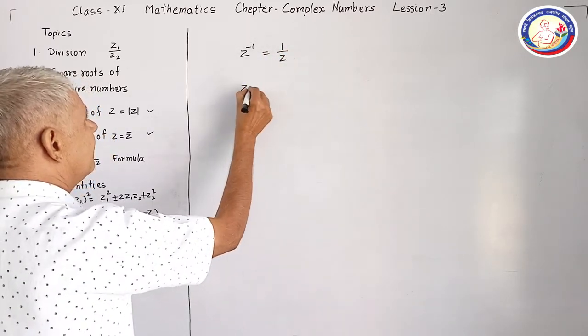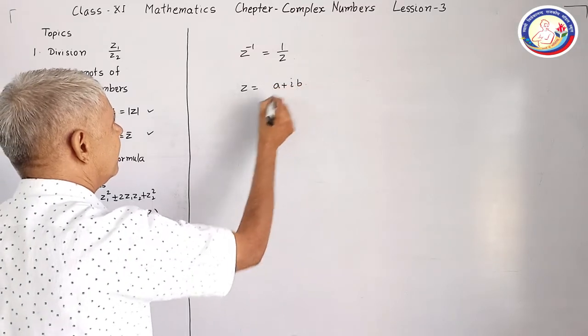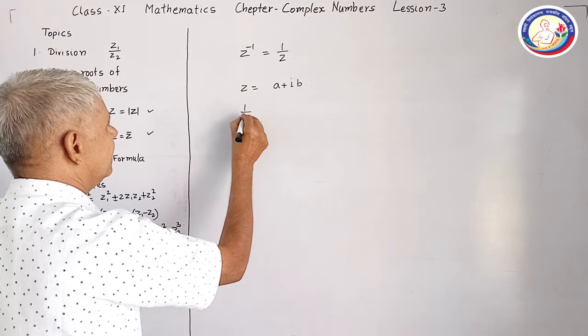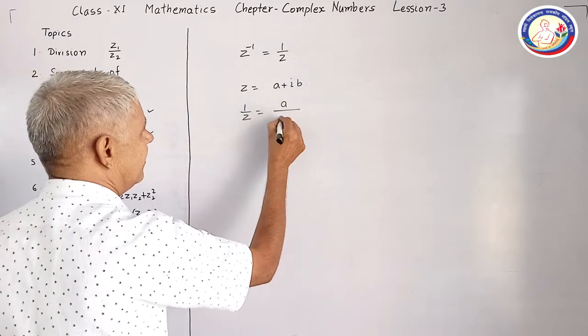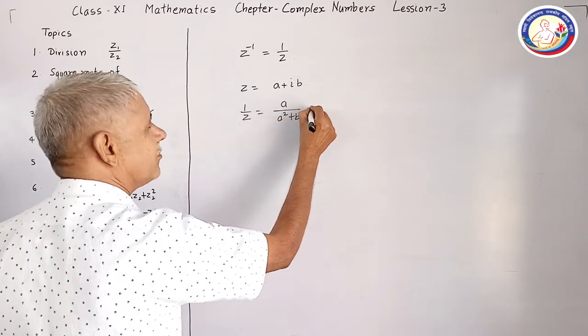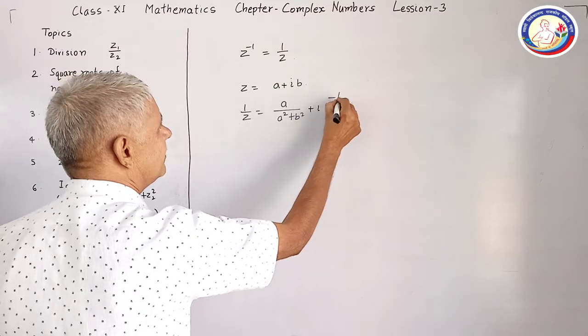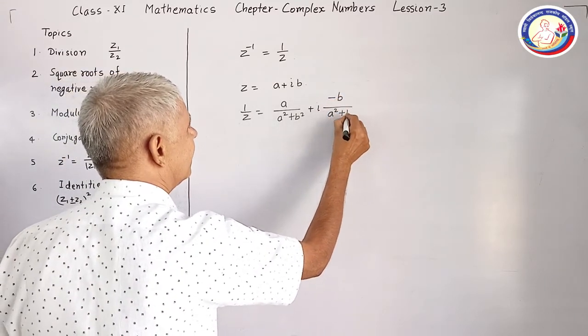And if z equal to a plus iota b, then the inverse, or 1 by z, is given by a divided by a square plus b square, plus iota into minus b upon a square plus b square.